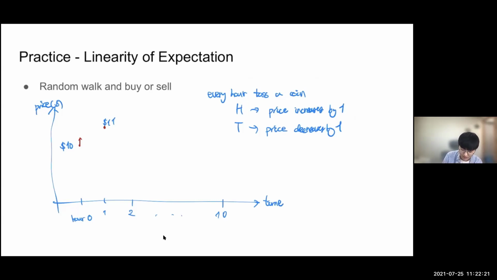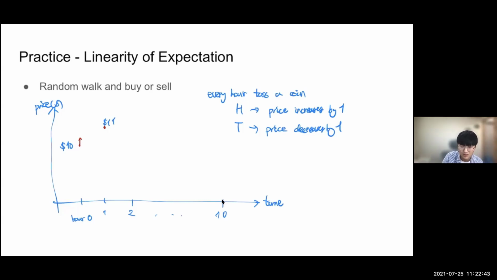it finishes at hour 10. Is this kind of clear as well? I hope that was clear, but we might be able to move on.